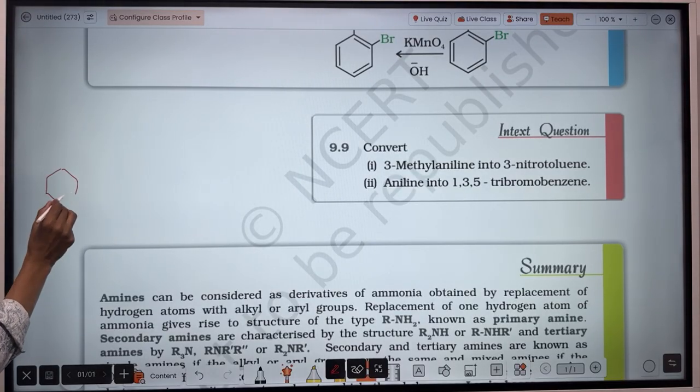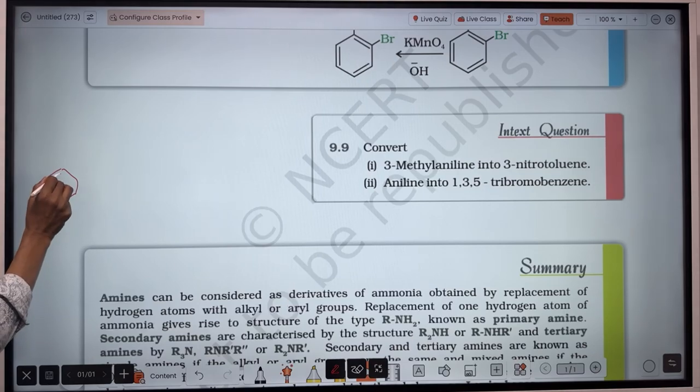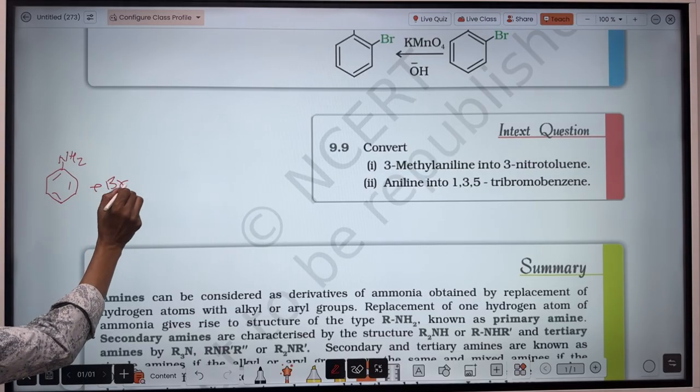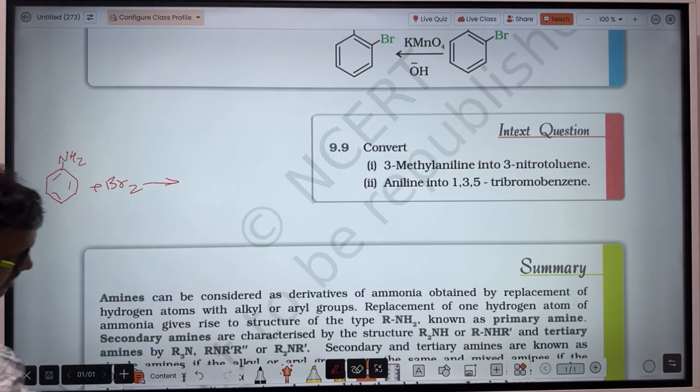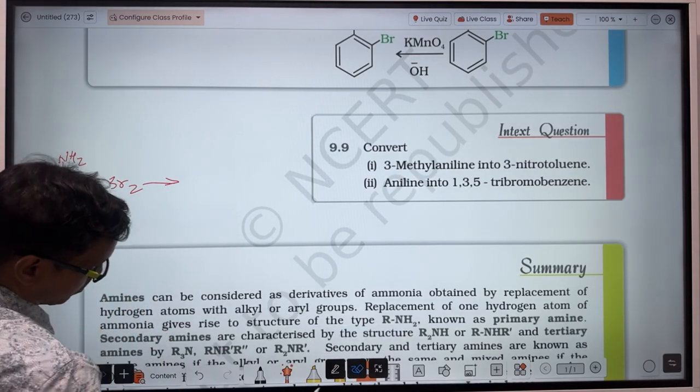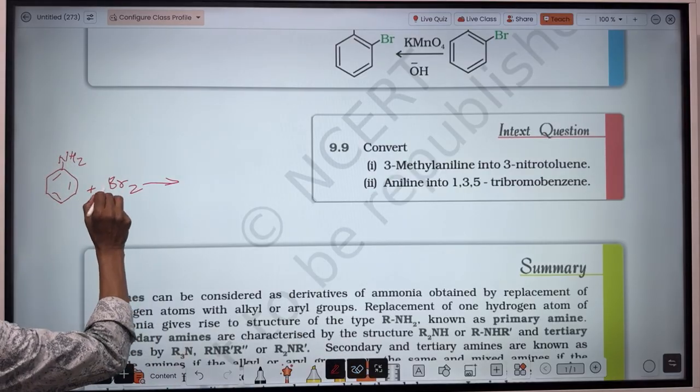Aniline will have to react with bromine here. Bromine water is Br2. So at all the three positions, the bromine will get bonded.